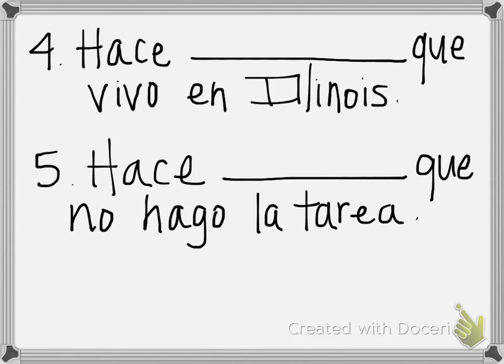Okay, for the last 2, fill in a time period that applies to you here. So, hace blank que vivo en Illinois. For me, I've only been living in Illinois for about 7 years. So, hace 7 años que vivo en Illinois. For you, you might say hace muchos años.